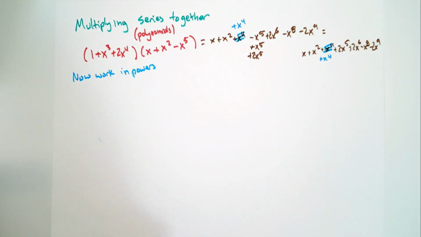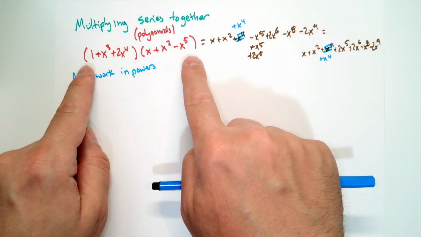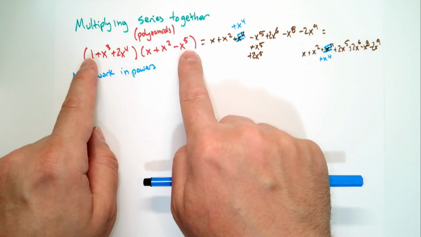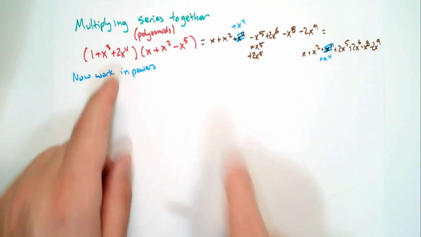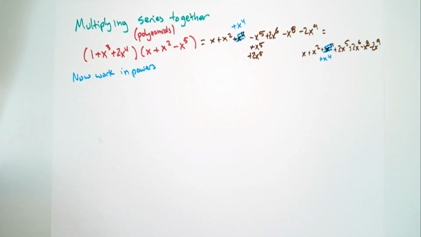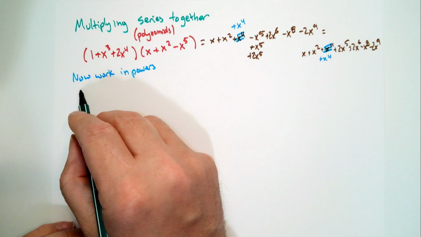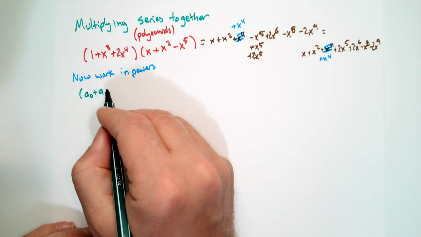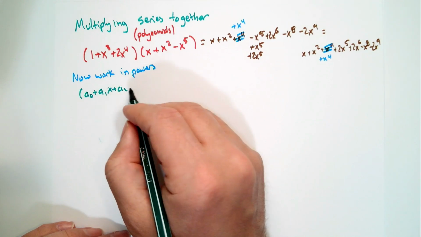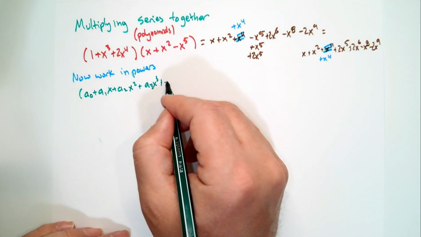Now the x to the fifth is the most interesting because what you'll notice is we can multiply and gather several things. 1 times x to the fifth, x cubed times x squared, x to the fourth times x. And so we're all good. It all comes together. So in general, when you're multiplying two series together, I'll write it generically, a0 plus a1x plus a2x squared plus a3x cubed.